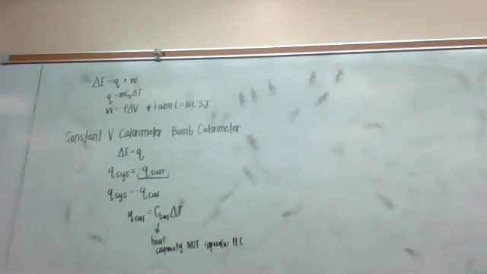So for every calorimeter, you have a heat capacity. That is not the specific heat capacity. It is just heat capacity. So you don't see a mass in this equation. So it's heat capacity times delta T. So all I have to measure is the change in temperature of this process, and I can figure out how much heat is associated with my system.